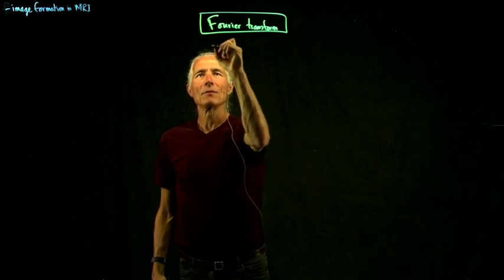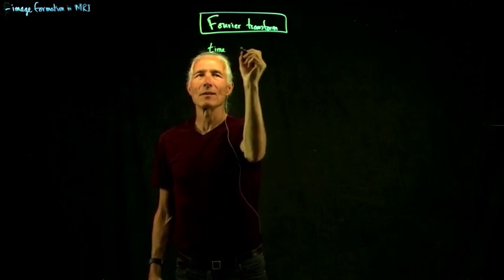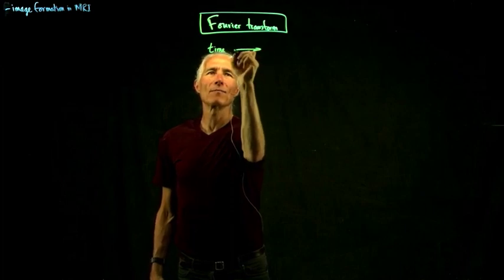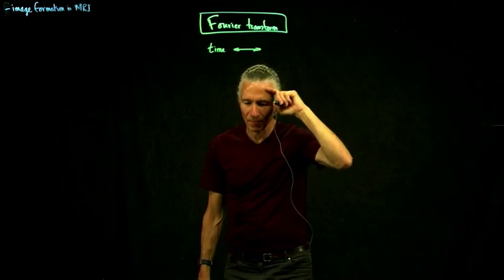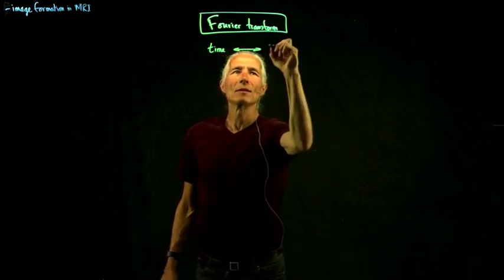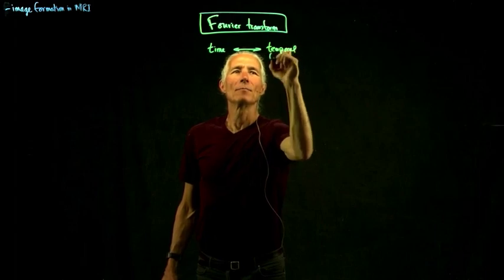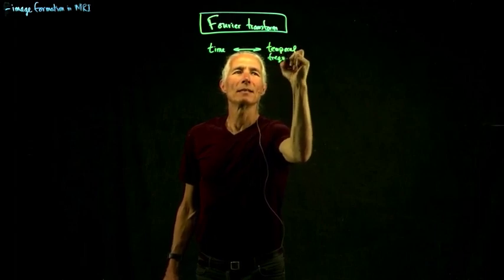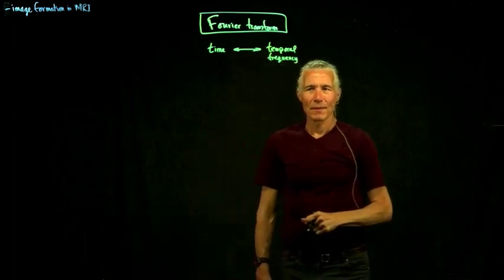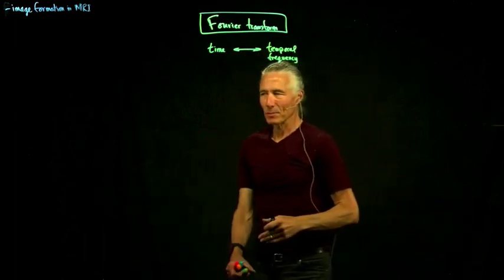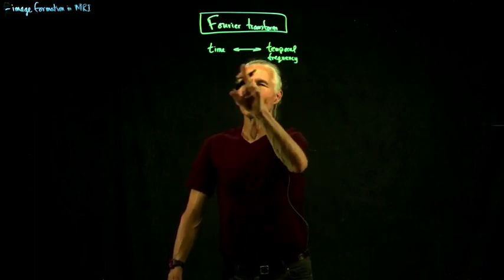And so what a Fourier transform can do is take that time signal and convert back and forth, because they're equivalent, they both contain the same information, into a temporal frequency representation. So it's a representation of different audio frequencies, like 4,000 cycles per second and 4,012 cycles per second. That's what the Fourier transform can do.